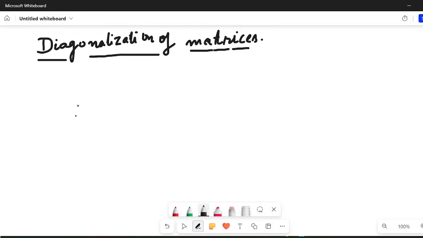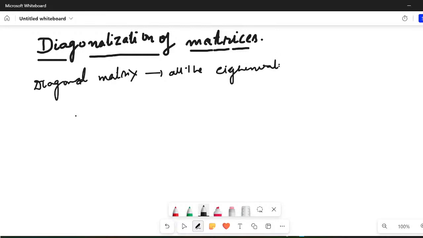As you're aware, for a diagonal matrix, all the eigenvalues lie on the diagonal.